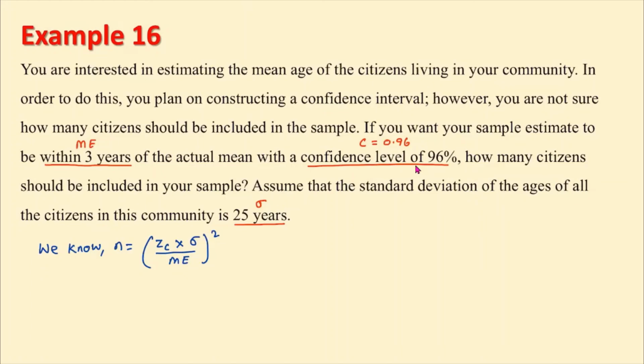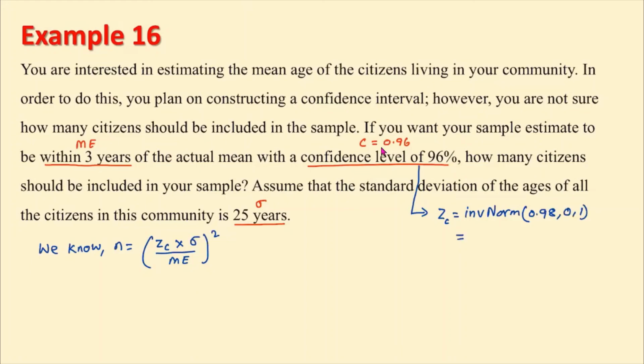To find the Z critical at 96%, we use inverse normal. The area to the left of Z critical will be 96% plus alpha over 2, or half of 4%, that is 2%. So 96 plus 2% will be 98%, the area on the left. So 0.98, mean 0, standard deviation 1.